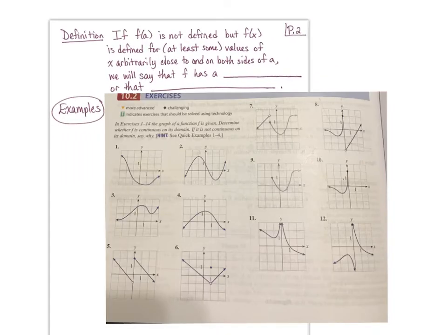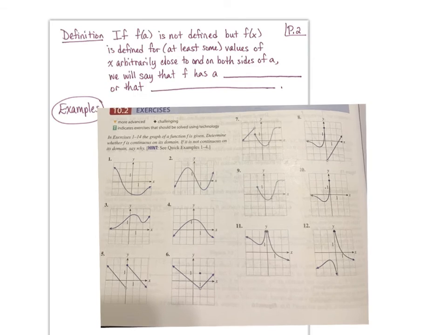Another definition. If f(a) is not defined but f(x) is defined for at least some values of x arbitrarily close to and on both sides of a, we will say that f has a singularity at a, or that a is a singular point of f.